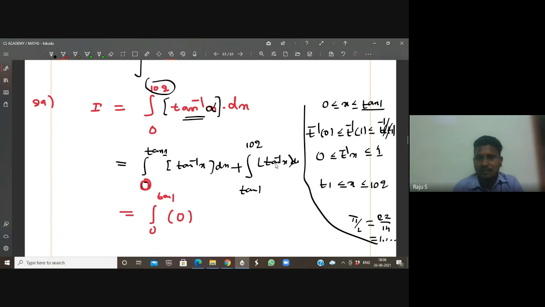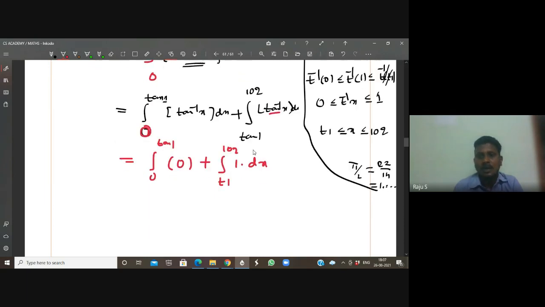When I substitute the limits, tan inverse of tan 1 is nothing but 1. So the integral from tan 1 to 1 or 2 has the value 1 into dx. The maximum value is 1, that I told you. So this is 0 plus x from tan 1 to 1 or 2, nothing but 1 or 2 minus tan 1, which is the answer.